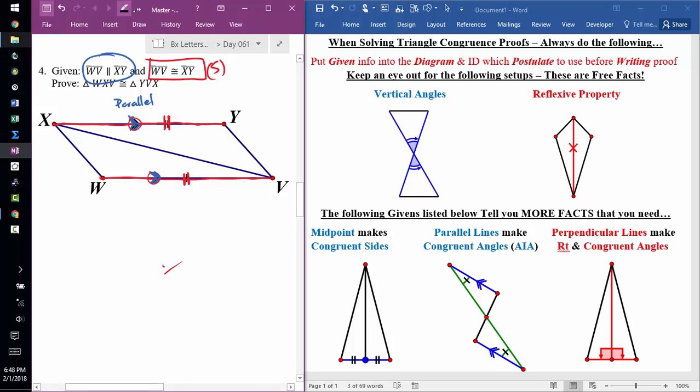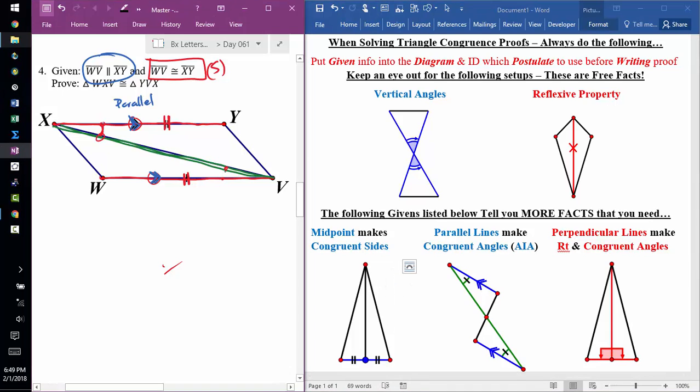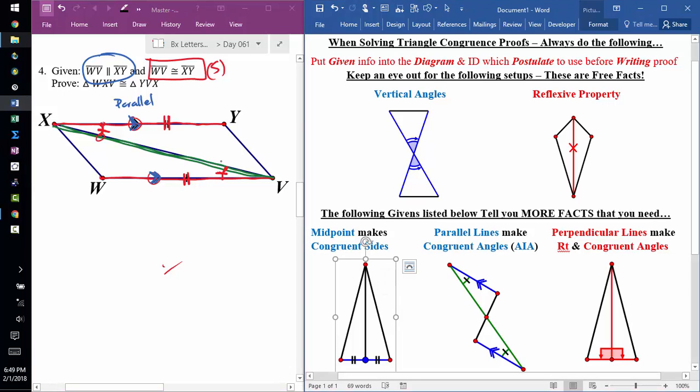And when we connect them with that transversal here, in the corner, they're going to make an angle from that green to the red, from that red to the green. And I know these angles must be congruent because they're alternate interior angles.